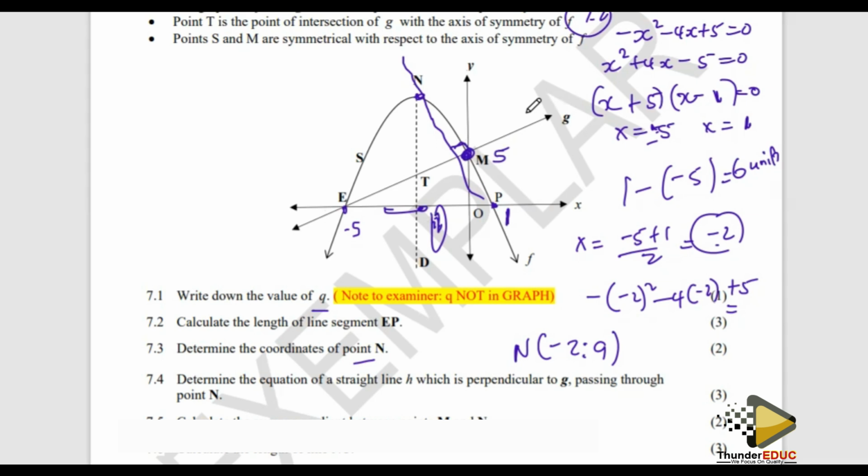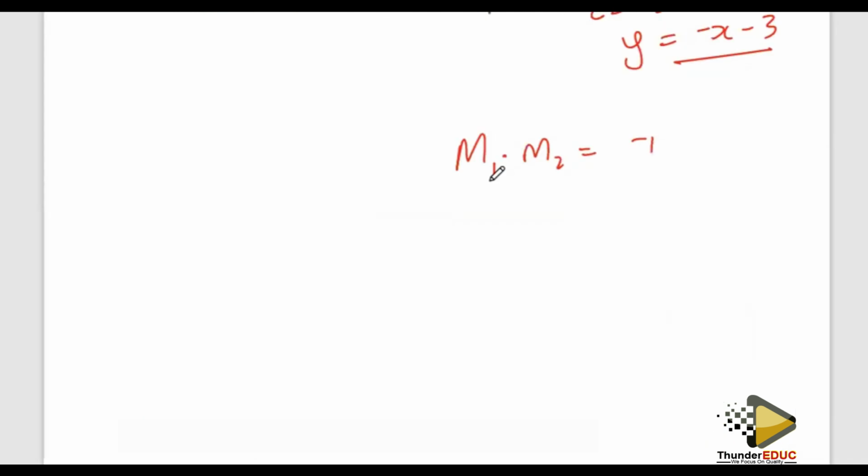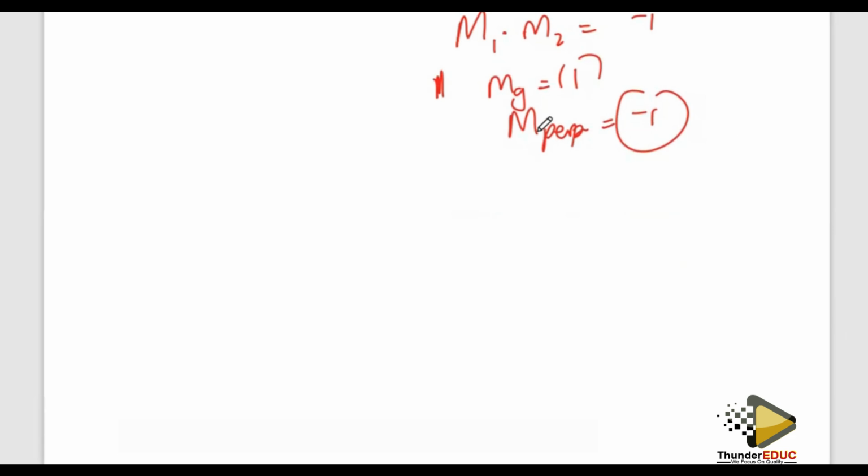The change in Y over change in X. Okay. So I'll say gradient of G is positive 1, which means the gradient of the perpendicular is going to be negative 1. Since 1 times M2 should give me negative 1, that gives me negative 1.